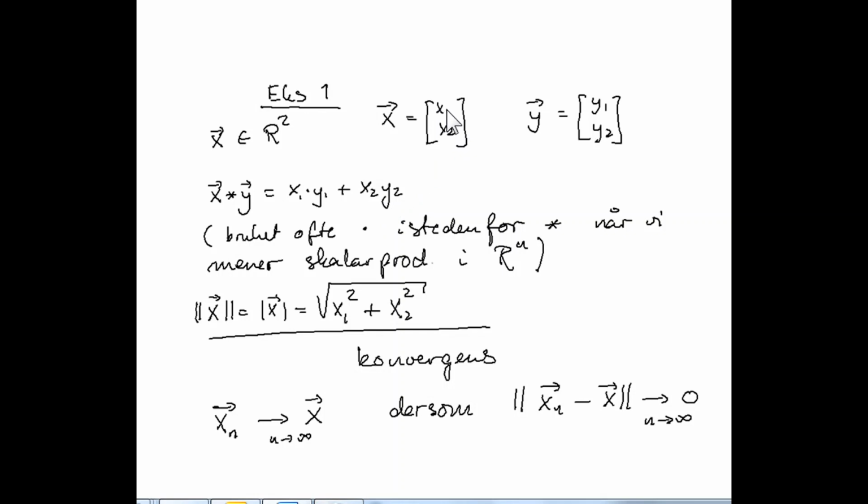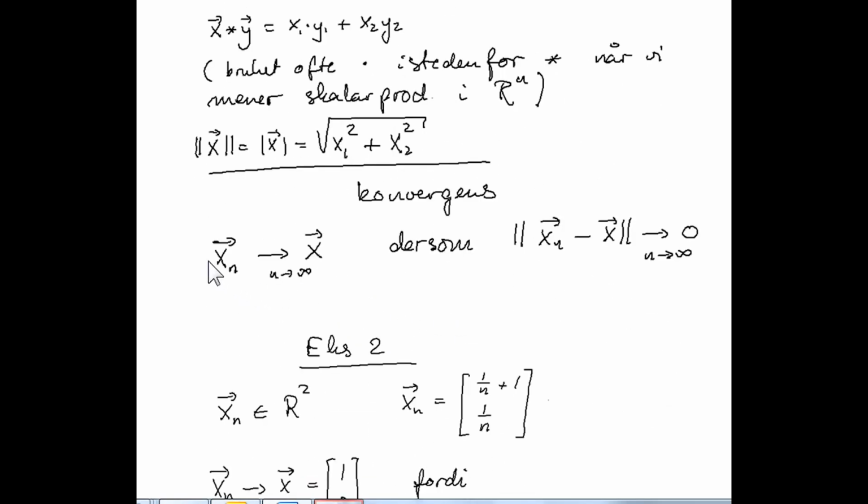We just take the first element multiplied with the first element and add the product of the second elements. In the case of this usual scalar product, we often write this dot instead of this star. And the norm in R2 is defined in this way. This is just the square root of x1 squared plus x2 squared.